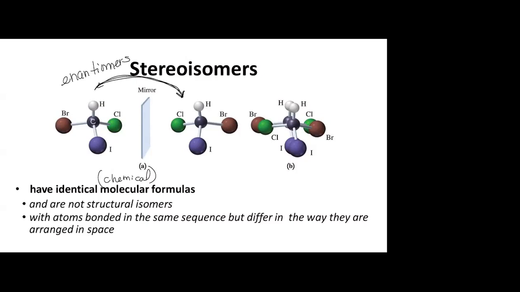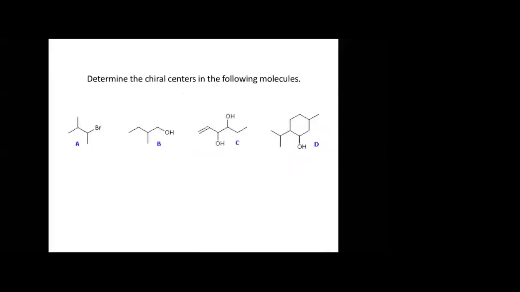Now, I want you to be able to, if you're given a molecule, find where the chiral centers are. So let's practice finding the chiral centers in a particular molecule, okay?